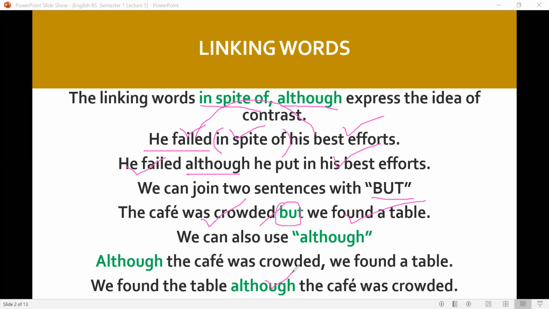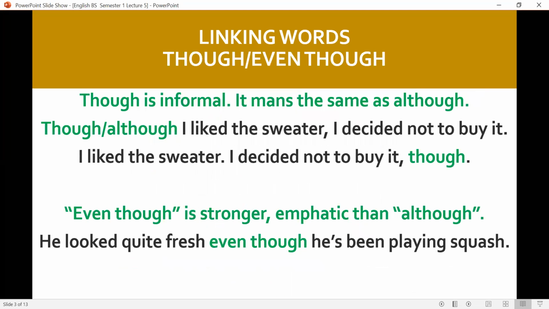Although will come with that part of the sentence where we are giving an explanation or a reason of something which happened earlier in the previous part of the sentence. So these are three words which we may use to present an idea of contrast.